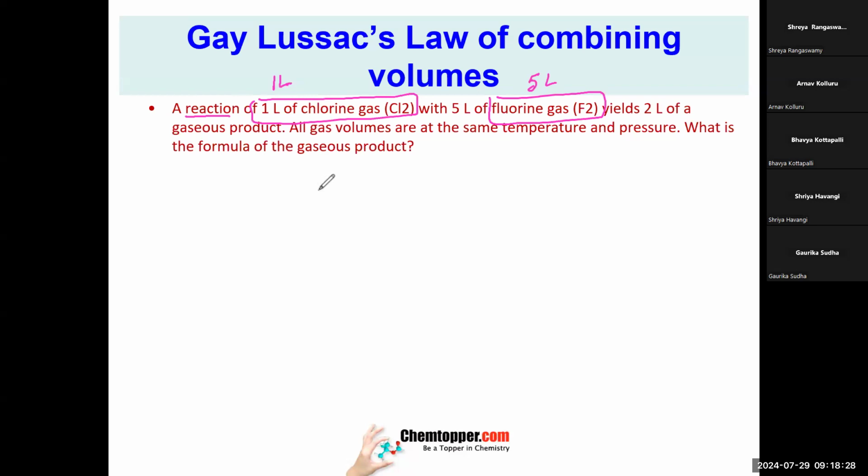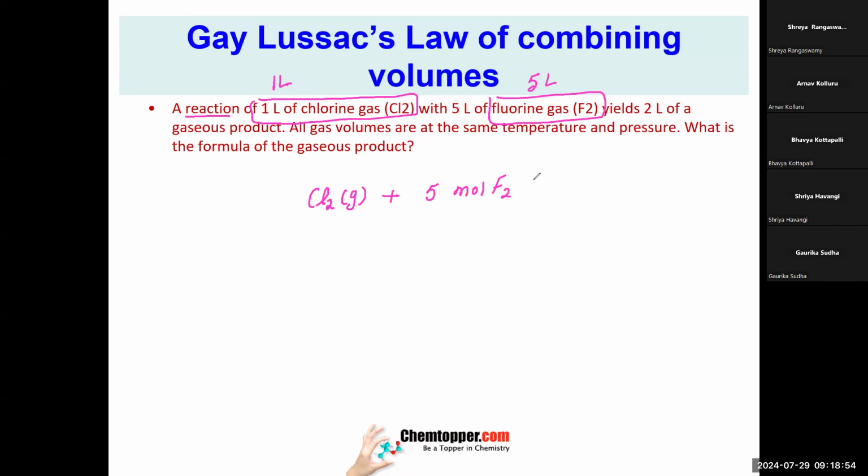It means 1 mole of chlorine gas reacting with 5 moles of fluorine gas. Is it okay? Till now everything is fine? Please confirm. Arnav, you have understood this language, how I have written this equation?